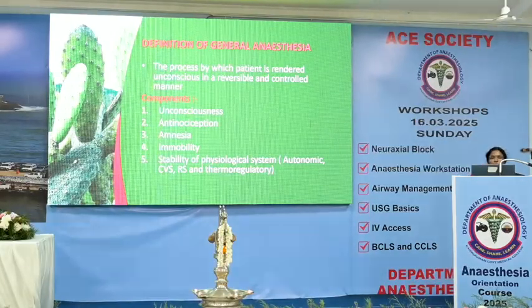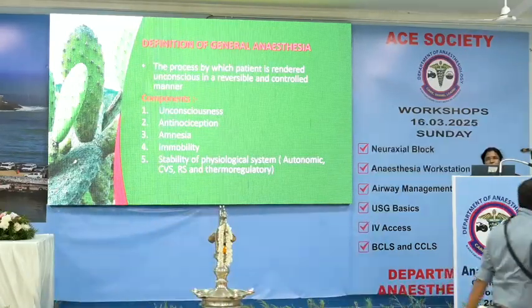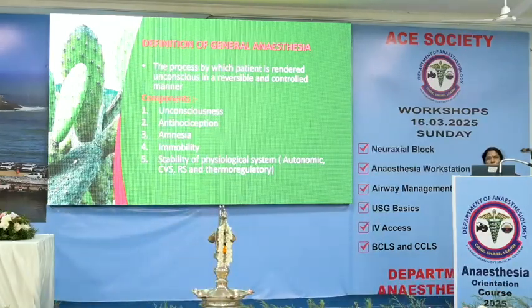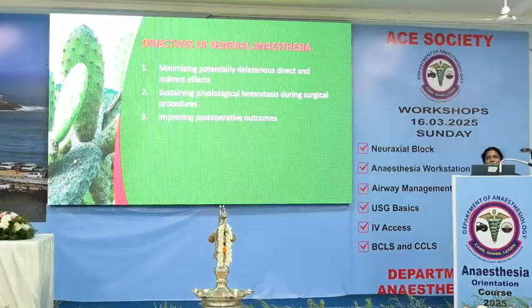Its components are unconsciousness, antinociception, amnesia and immobility, and maintaining stability of the physiological system. The objective of general anesthesia is to minimize potentially deleterious direct and indirect effects, sustaining physiological homeostasis during surgical procedures and improving post-operative outcomes.